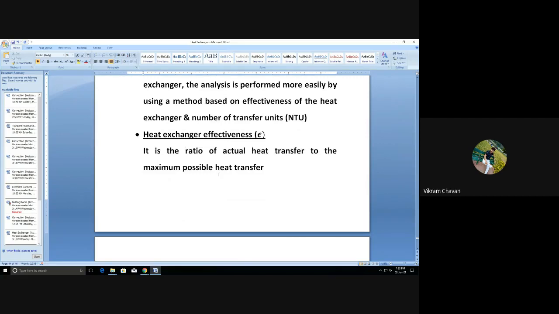The same definition we have used in the case of fins, fin effectiveness. Fins are nothing but one kind of heat exchanger. So the same concept we are using over here, that is, heat exchanger effectiveness.